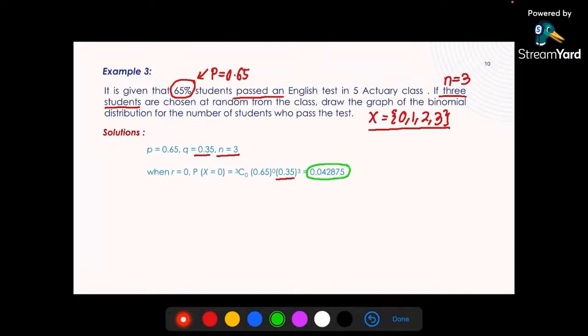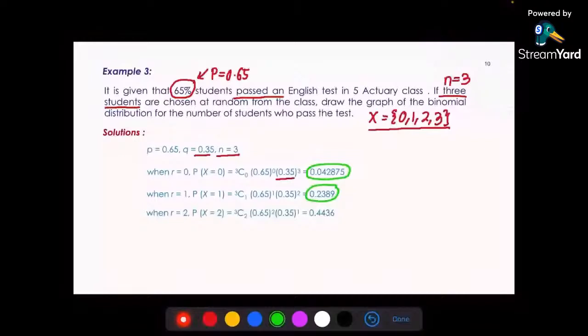Okay, now kita pergi pada R when R is equals to 2 pula. Sorry, R is equals to 1. So you just substitute the value 1 tu dalam formula ni 3C1 times 0.65 power 1, 0.35 power 2, you get the second value here.